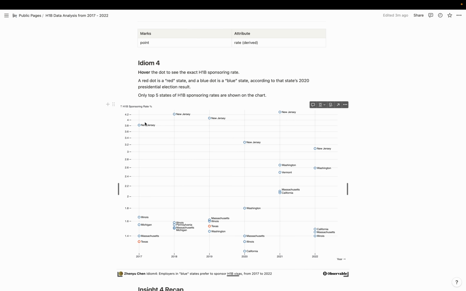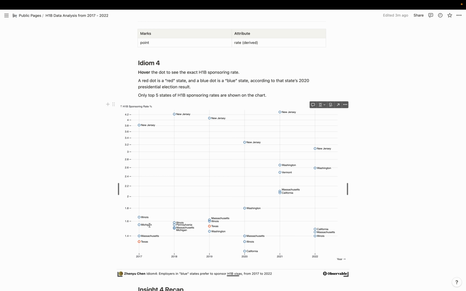All the circles or points are states, and they are placed in terms of the H1B sponsoring rate. The higher the H1B sponsoring rate a state has, the higher it will be on this chart.